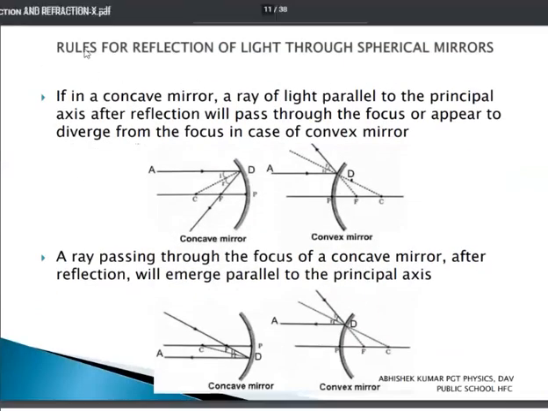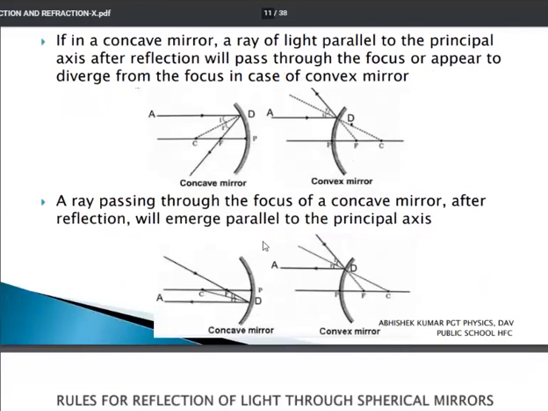Next, rules for reflection of light through a spherical mirror. We have discussed all this clearly, so there is no need to explain it anymore.